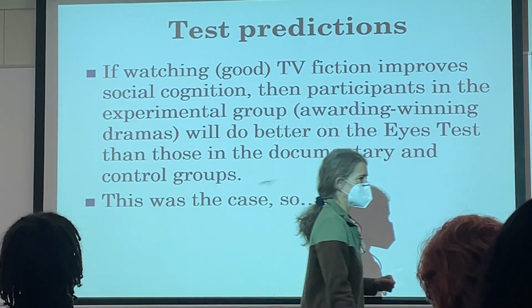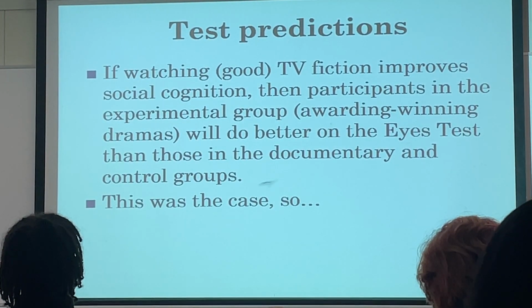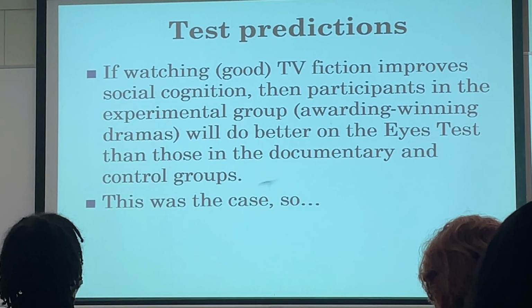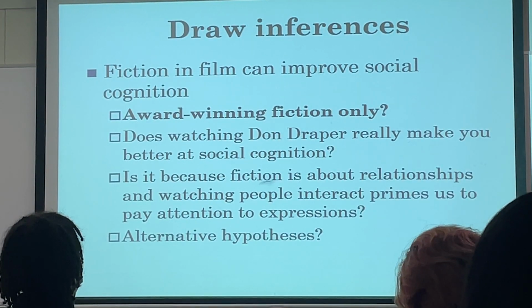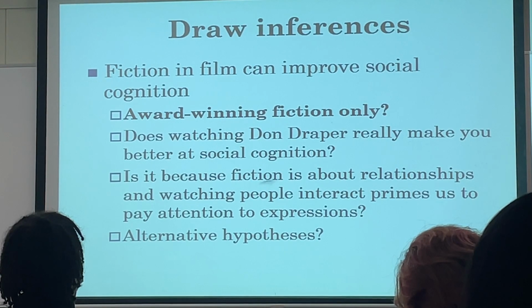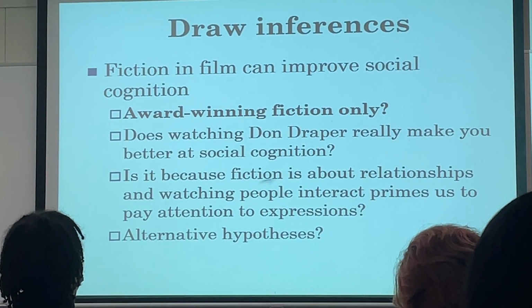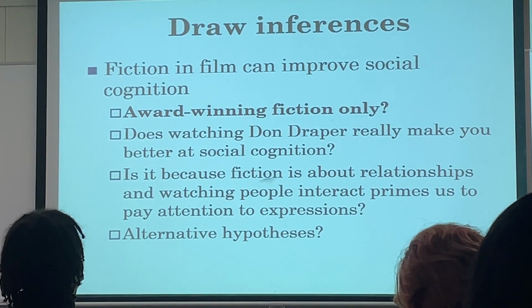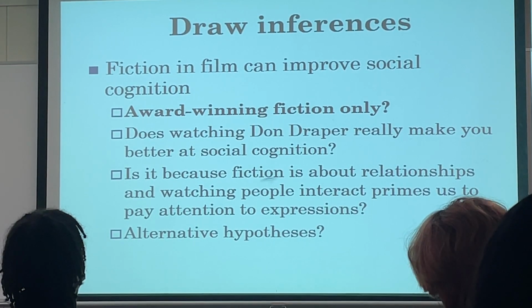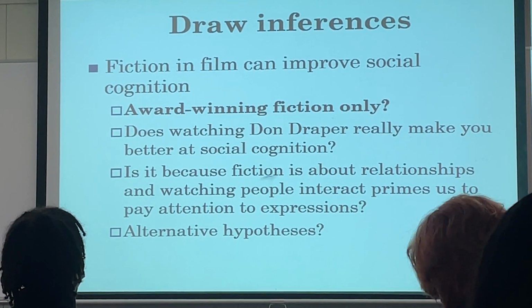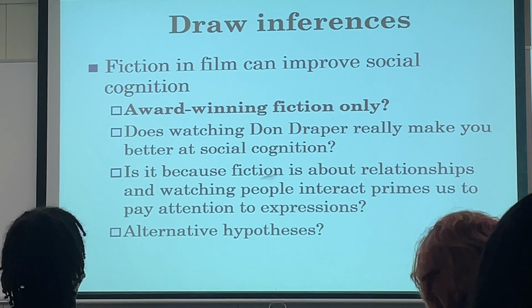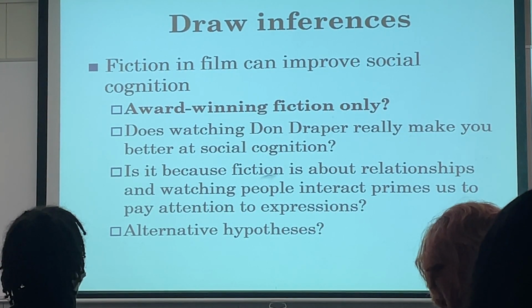It was the case that this was true, the hypothesis was supported by the data, and then you should draw some inferences. So the final part of that little circle, the research method, is draw inferences. The inference here was that fiction and film can improve social cognition, or anyway, it can make people better at looking at pictures of eyes and figuring out what emotion is in them.